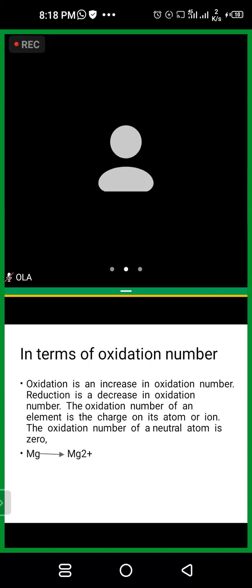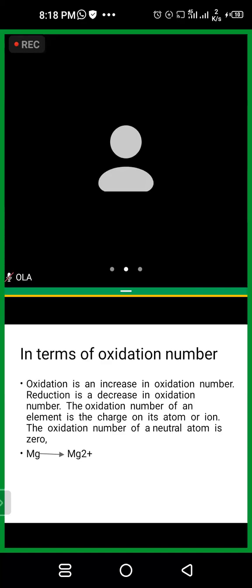Chlorine accepts an electron to attain its octet configuration. Let's remember that chlorine has an electronic configuration of 2,8,7 because it has atomic number 17. Now, when it accepts 1 electron and becomes negatively charged, its oxidation number becomes -1, meaning it has been reduced, because it has gone from 0 to -1.